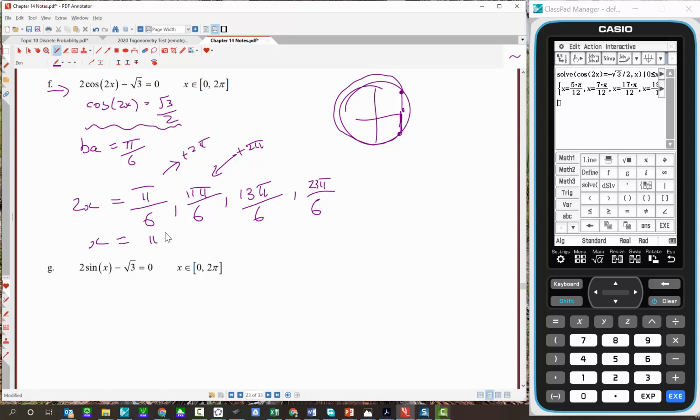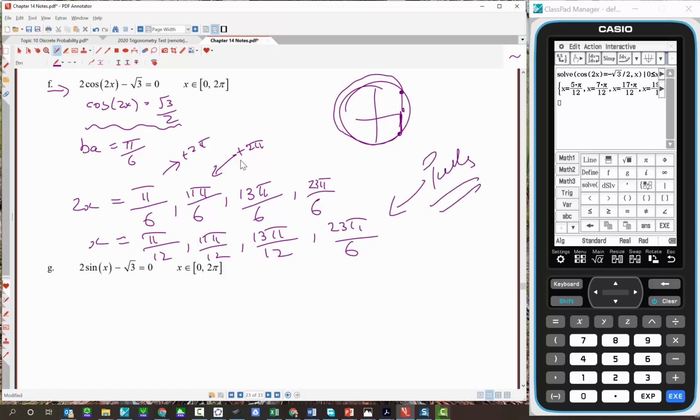So x is equal to pi on 12, 11 pi on 12, 13 pi on 12, and 23 pi on 12 once I've done the dilation. And what this does is it pulls all the solutions for the standard 2 pi period back into the domain for this particular period of cosine.